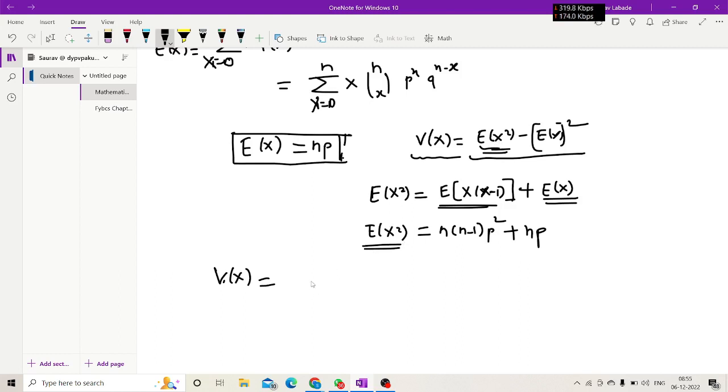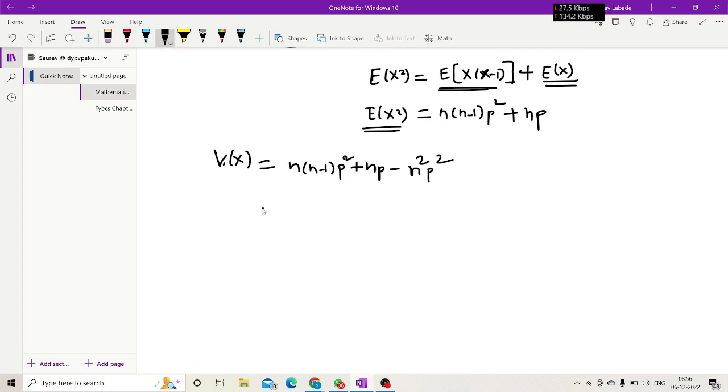So it is n into n minus 1 into p square plus np, minus the square of the expectation of x, which is np, so n square p square.